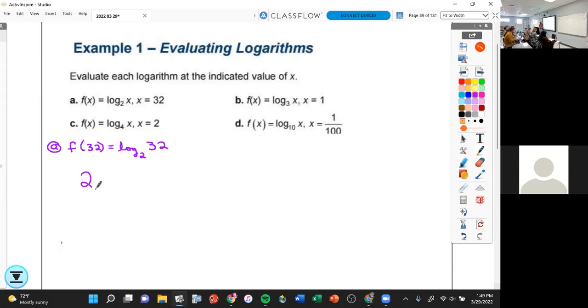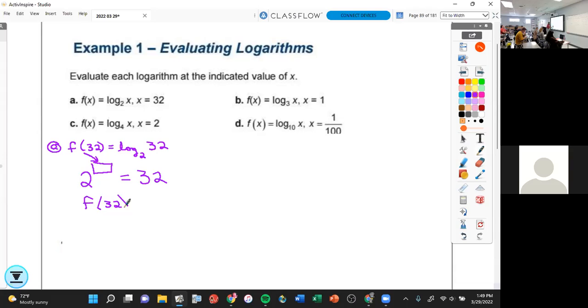What is the thing? 32. We don't know the power. This right here is going to be the power. 2 to what power equals 32? 32 is the thing. High-tech vocabulary. I'm sorry, deal with it. 2 to what power is 32? Fifth power. Yep. F of 32 is equal to 5.